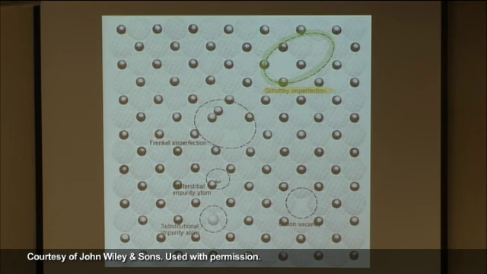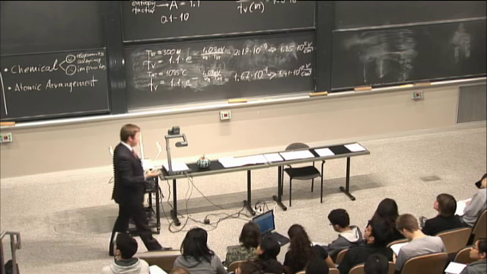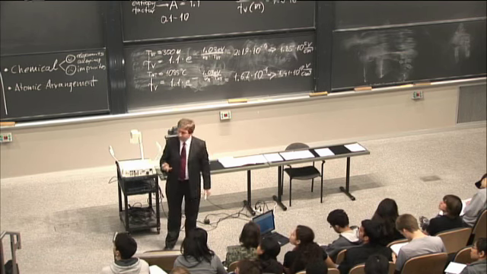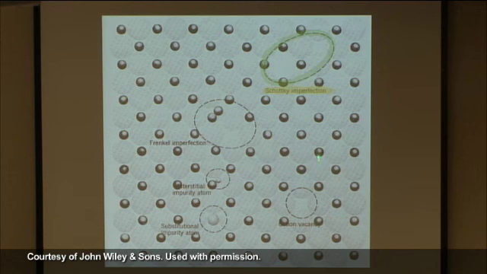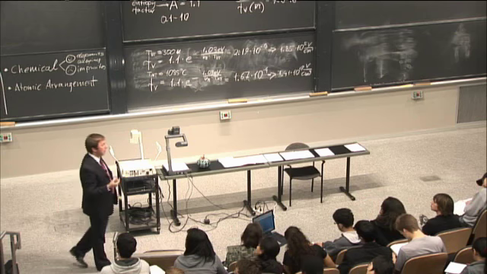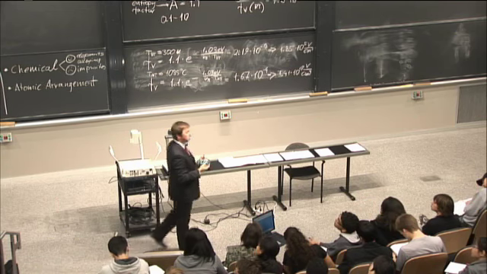So a Schottky imperfection is kind of like a vacancy. It's missing atoms. The main difference between a Schottky imperfection and a vacancy by itself is the fact that in a material that involves charged atoms, ions, right, in an ionic crystal, when you take atoms out, you have to make sure to maintain charge neutrality.